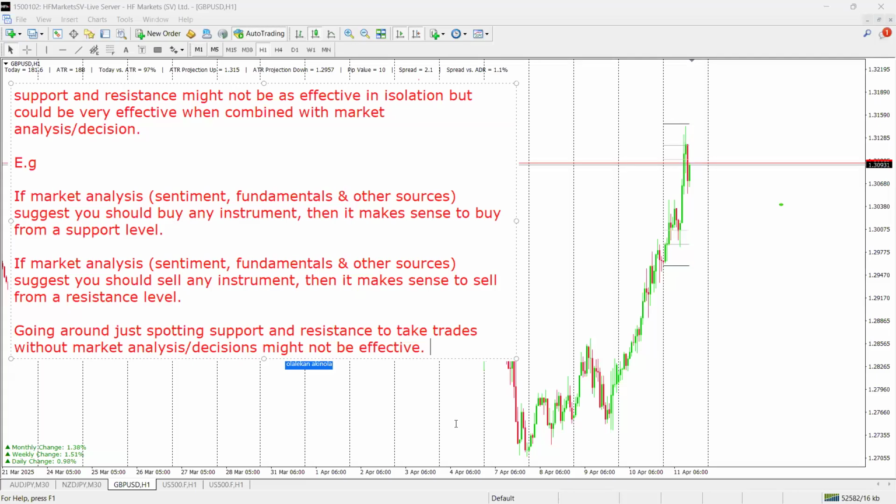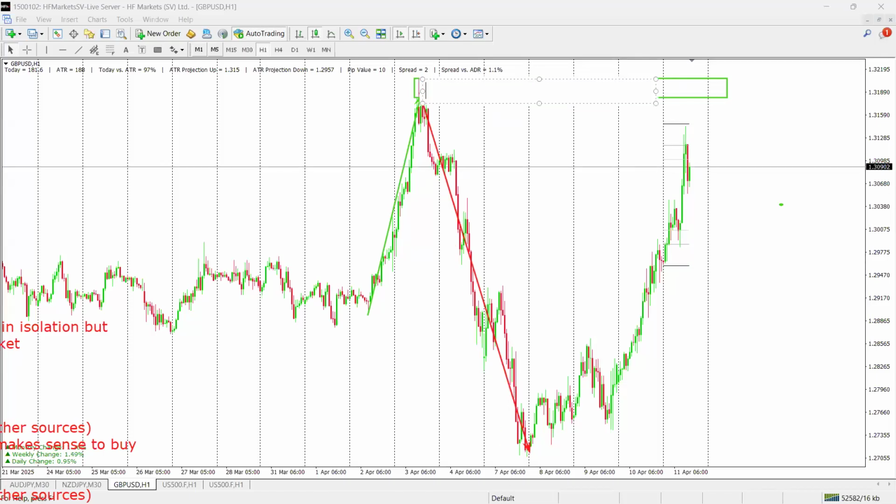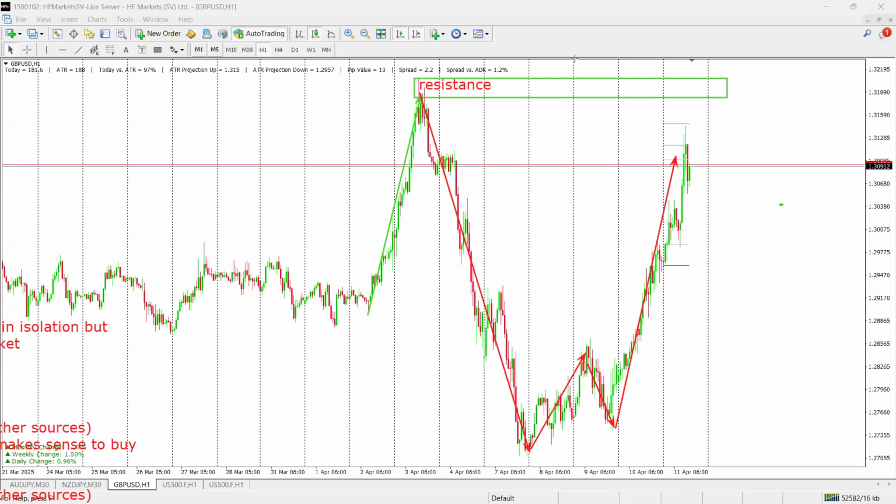For example, at some point, this particular market was rising, and then to a point like this, so it shut down hard. This is a level of resistance. Now, price has started another upside after some struggle.